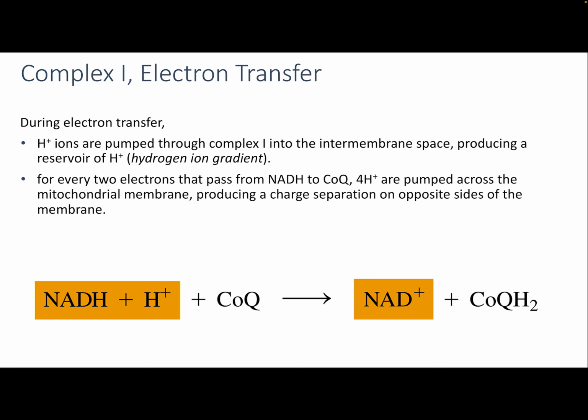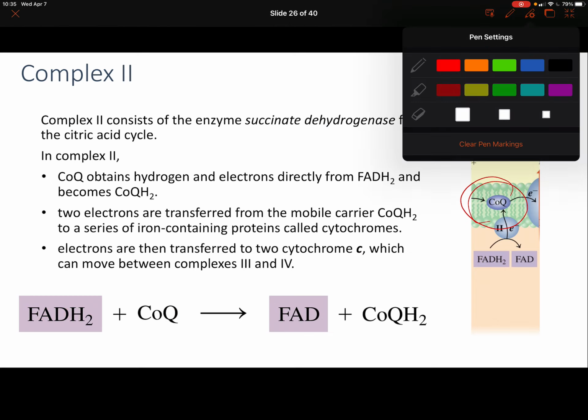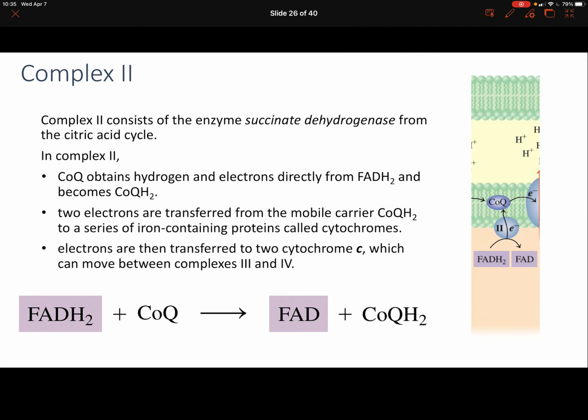Let's take a look at complex 2 real quick so that you can see what I'm talking about. Then we'll come back to these. Complex 1 was right here. Complex 2 is this guy. Notice that NADH actually gives its electrons to complex 1, where FADH2 gives its electrons to complex 2.